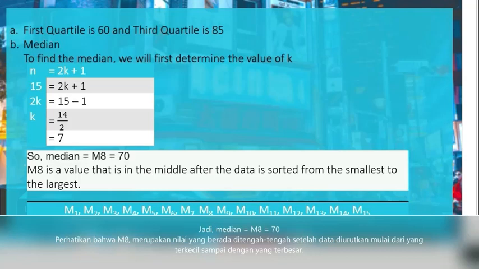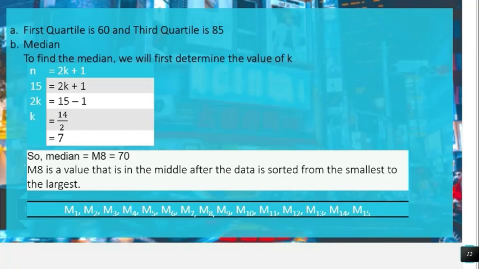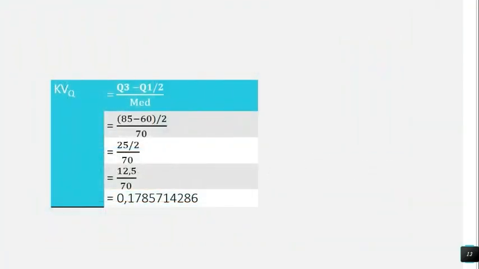The median is the value in the middle after the data is sorted from the smallest to the largest: M1, M2, M3, M4, M5, M6, M7, M8, M9, M10, M11, M12, M13, M14, and M15.